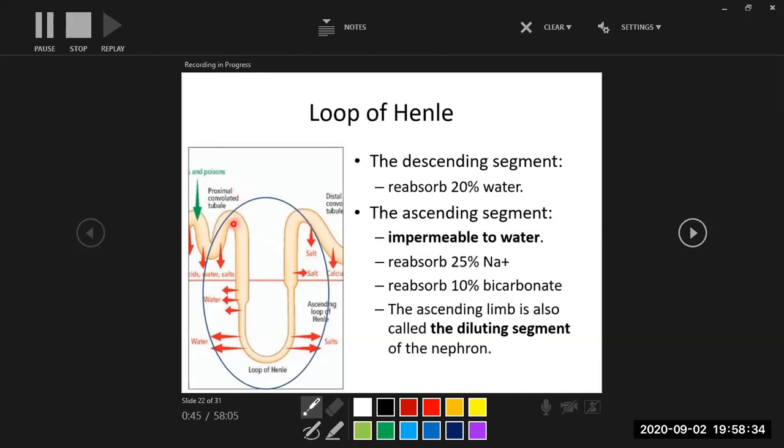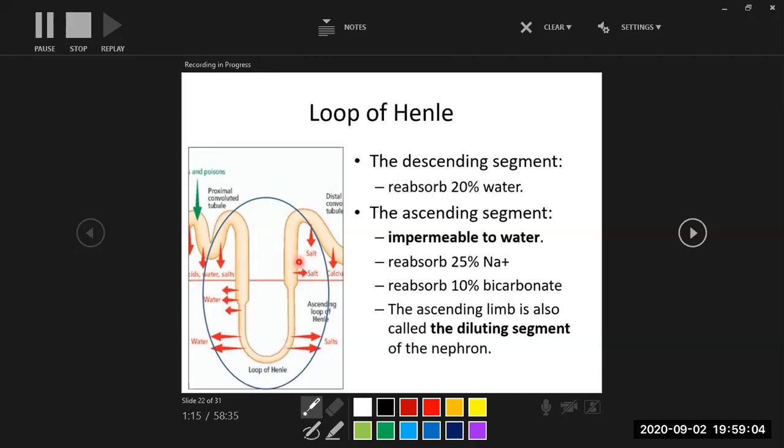What's the difference between descending and ascending? The major difference is that the descending limb is water permeable. The ascending limb is water impermeable. So here is permeable: the cell membrane is not too tight, it's permeable to water. Here is impermeable.